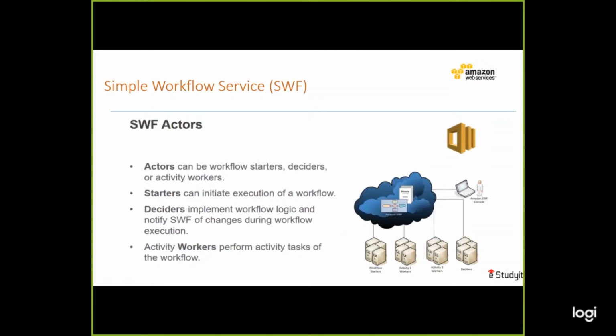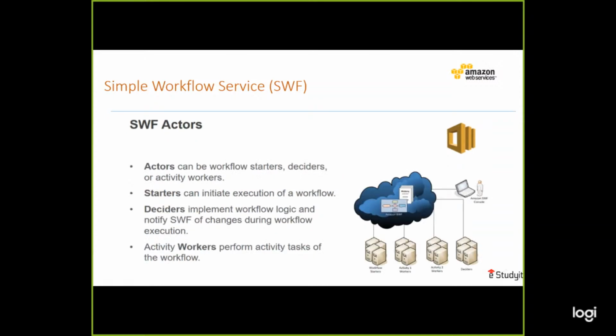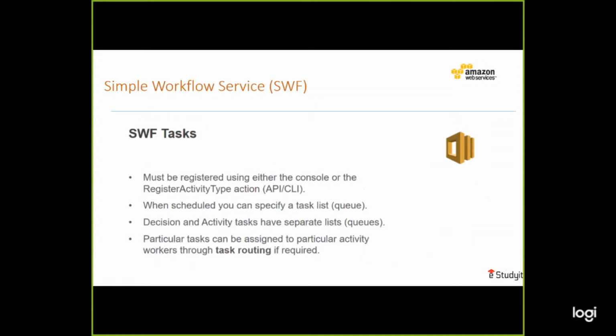Now, the difference between actors and tasks: the actors can be multiple agents, the other names for them being starters or deciders, while the task itself defines the specific task using either the API or command line interface to register these tasks.